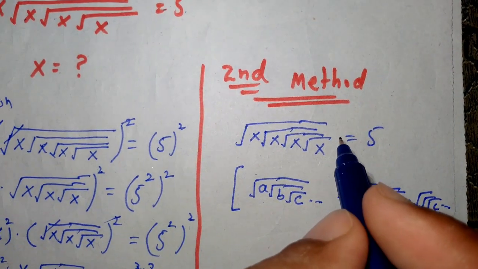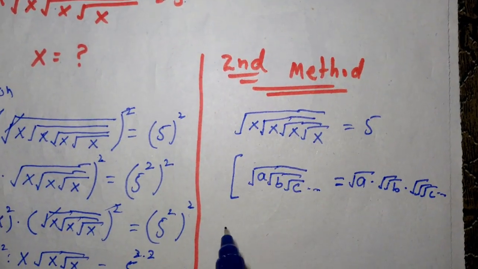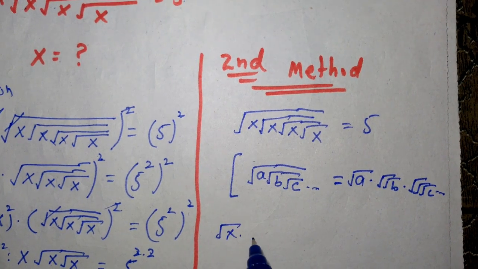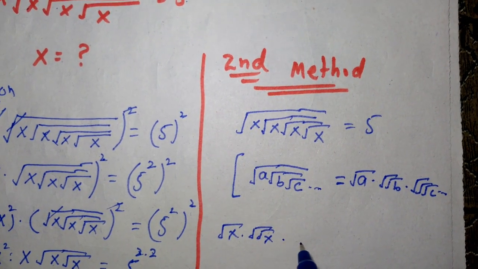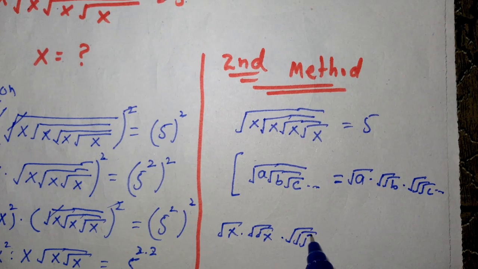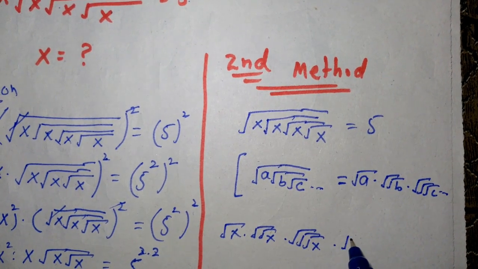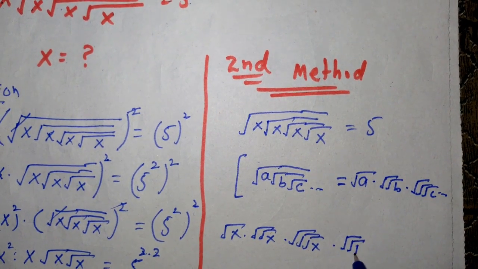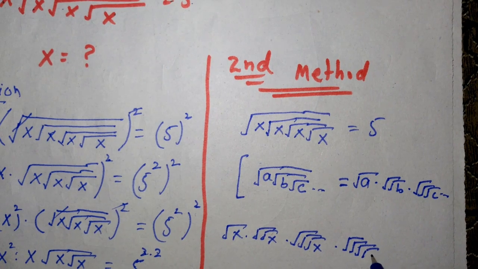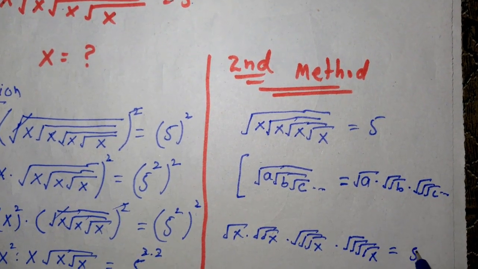So we have to apply this condition here. This will become square root of x times double square root of x times triple square root of x times fourth square root of x is equal to 5.